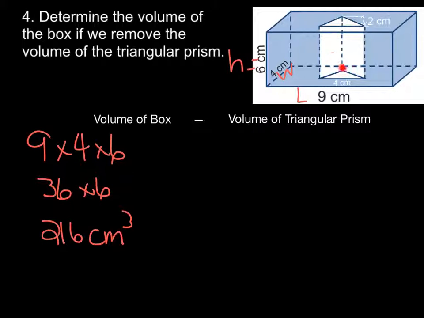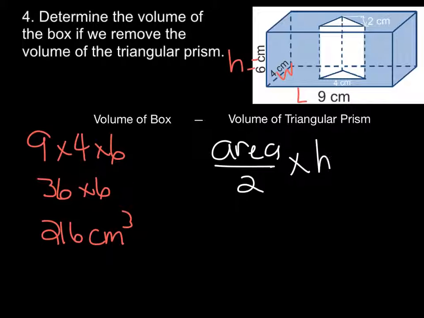And you should always start by looking at finding the area of the base first. So I'm going to write that here. Area of the base divided by 2, and then because it's volume and we're measuring in 3 dimensions, we also have to times it by the height.